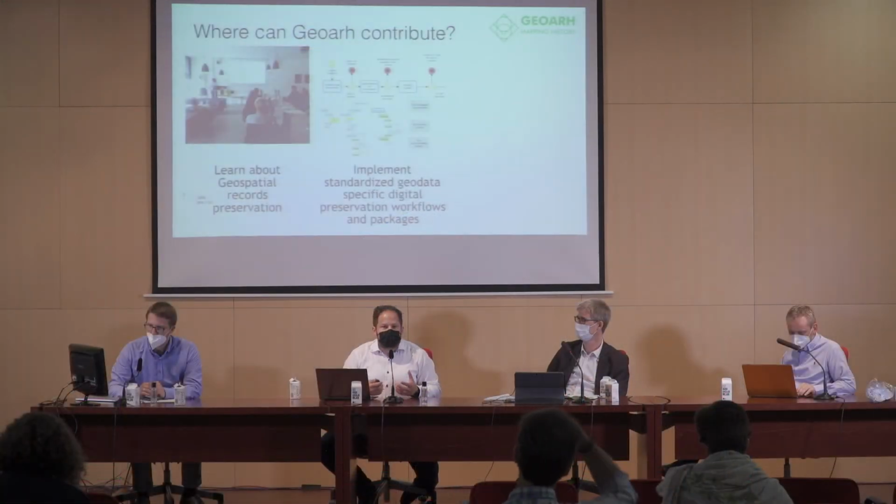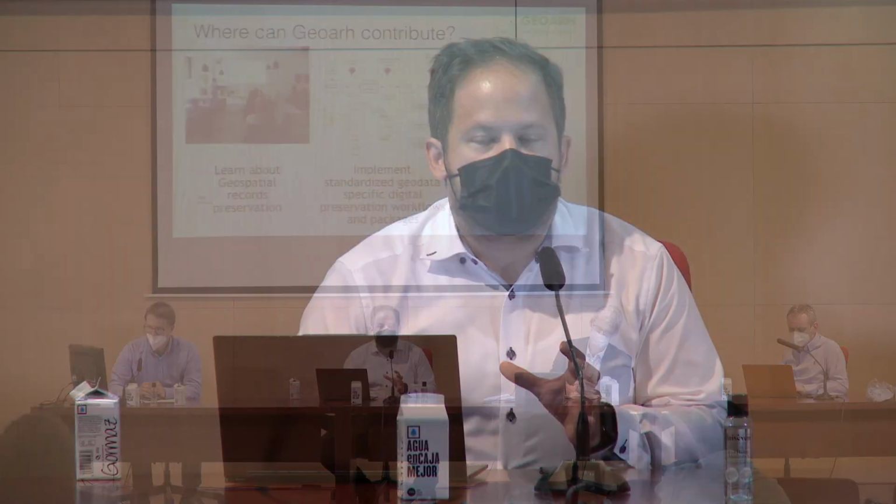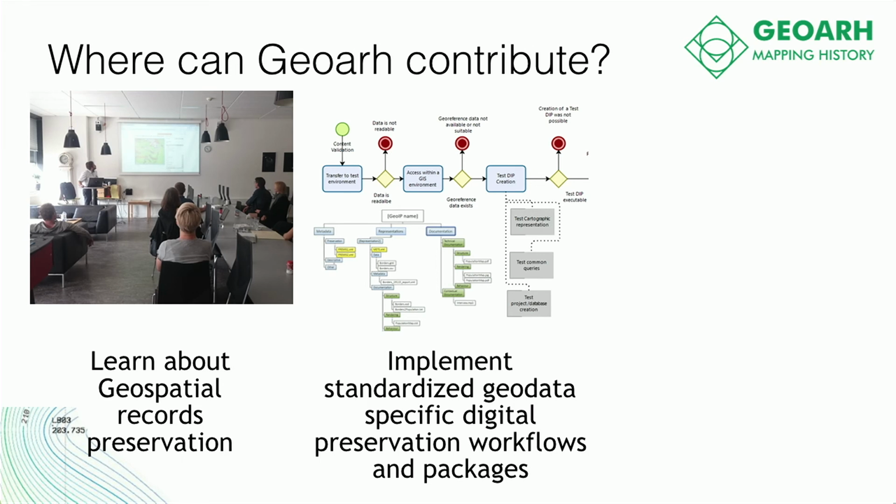The second thing we can do is help you implement standardized geodata-specific preservation workflows. If you want to implement geodata preservation, there are certain steps in the ingest process that are specific to geodata, and certain steps in data management or dissemination that you need to be aware of.